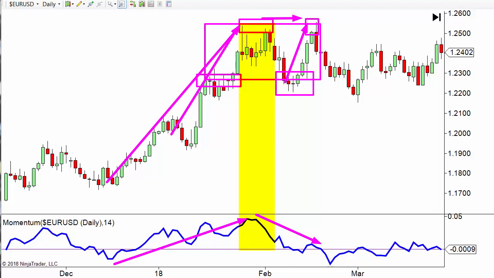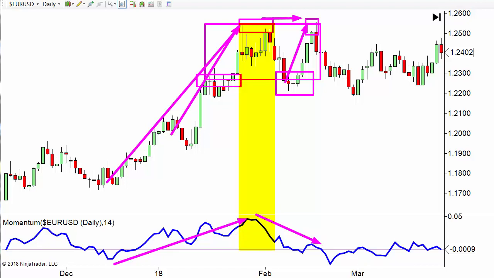This is one of those cases. There were many times, and I would venture to say most times, that it is true. That momentum indicator, for example, will be following price, and then I would say it's confirming the move up.